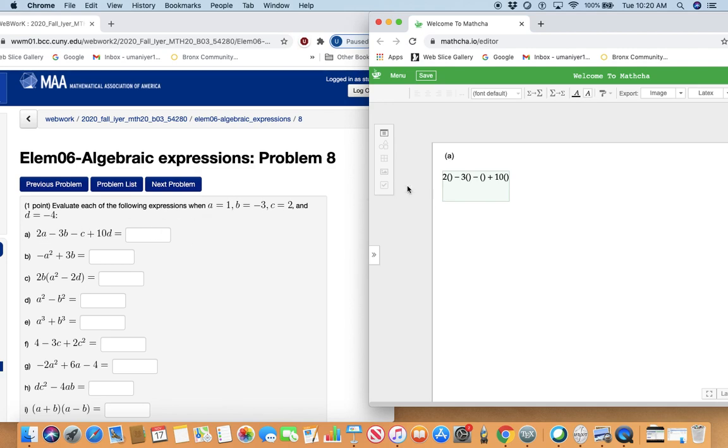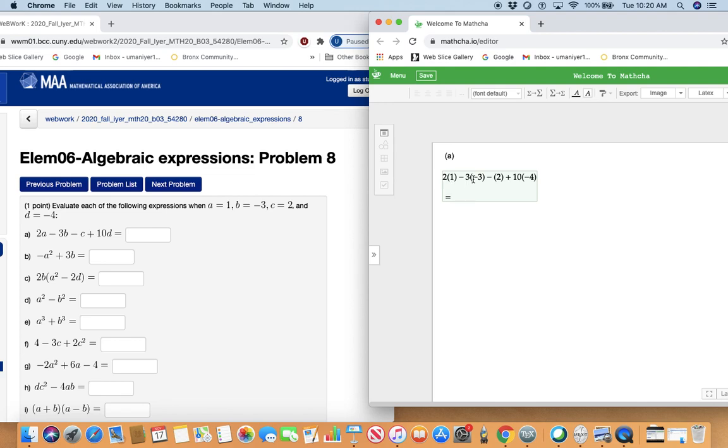A is 1, B is -3, C is 2, D is -4. It's important to use parentheses primarily because of the signs.